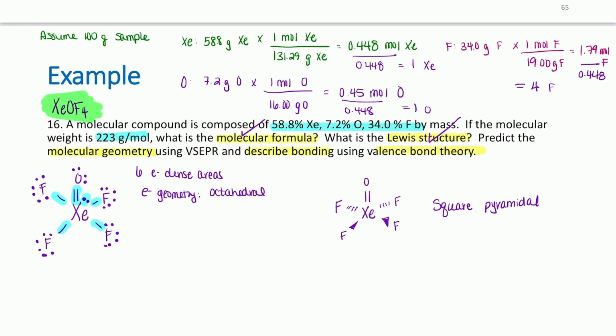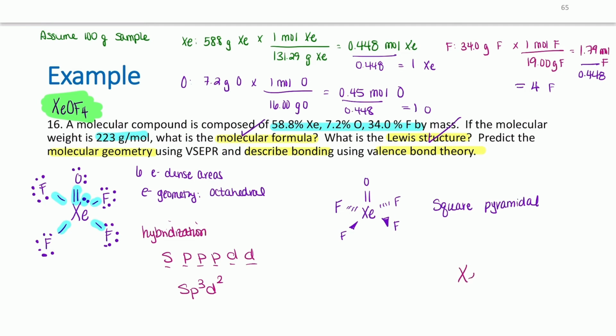I do, however, have 6 areas of electron density, which means that my hybridization needs to be described by 6 different pieces. S, P, P, P, D, D. 1, 2, 3, 4, 5, 6. sp3d2, octahedral.